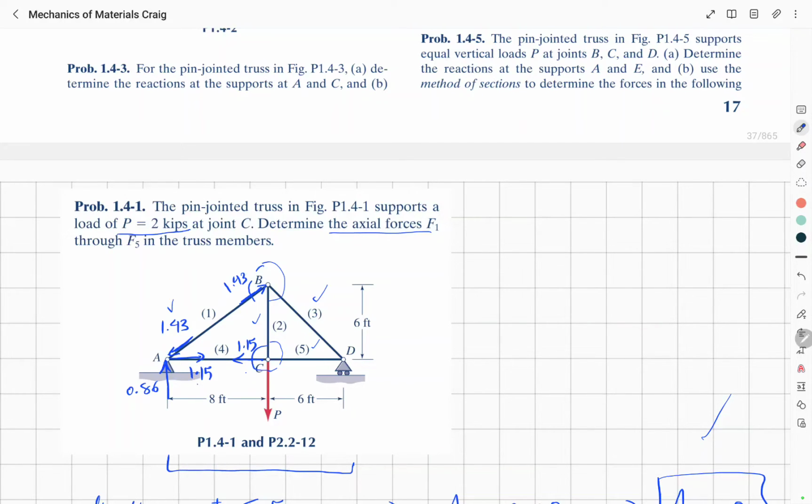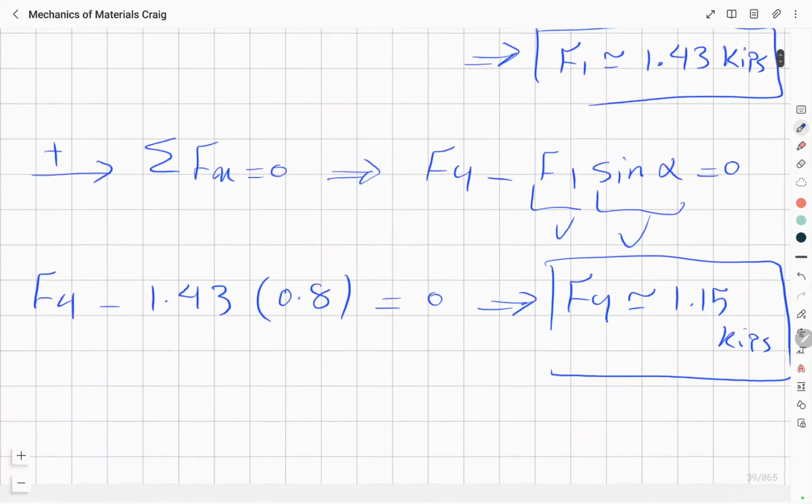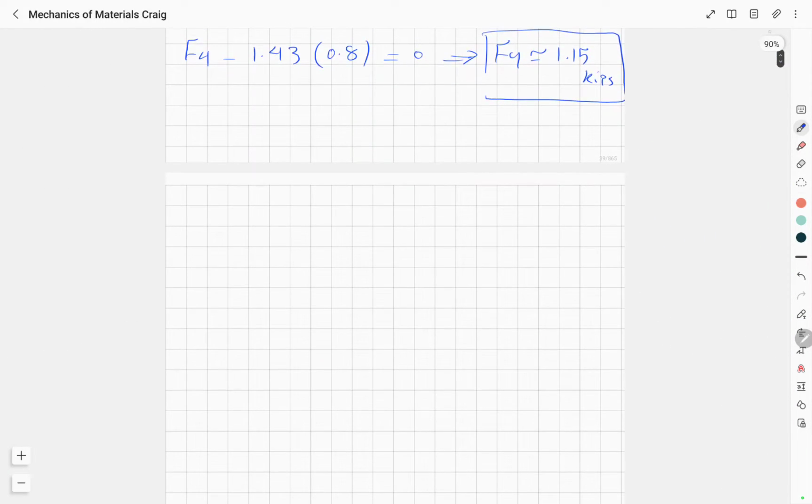We're going to start with joint C. At joint C, we have a force equal to 2 kips here. We have a force equal to 1.15 here. We have F5 here, and we have F2 here. And this is joint C.